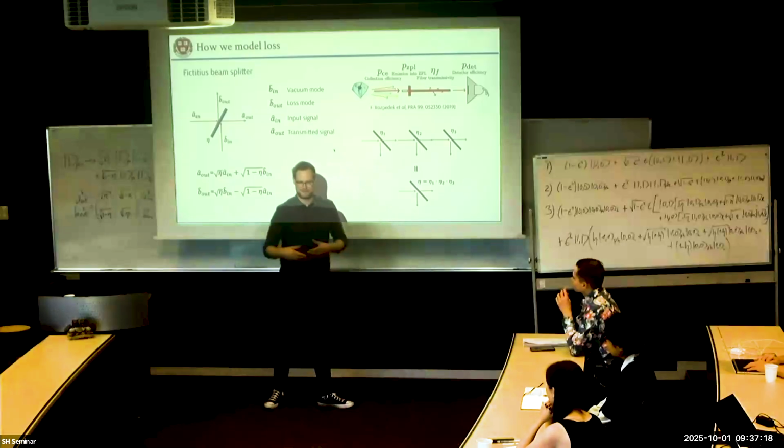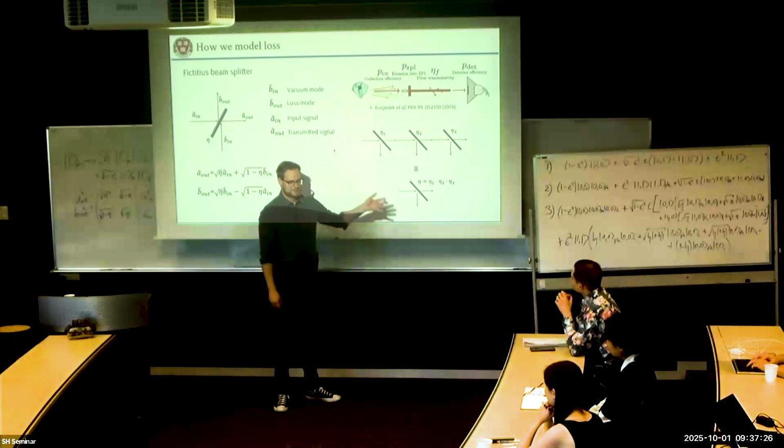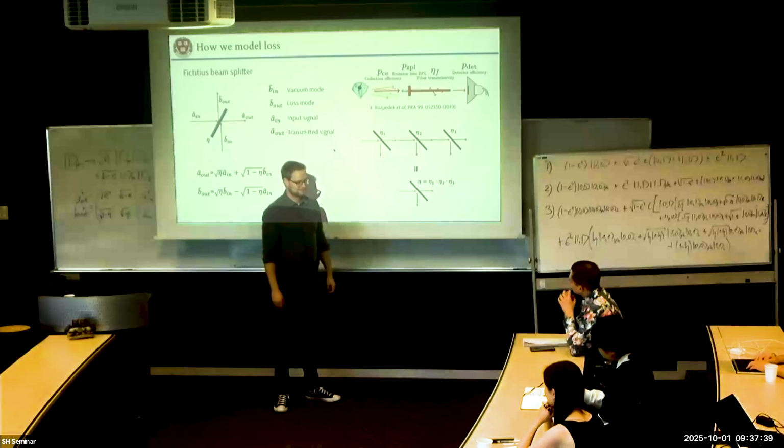Physically, if I absorb something in a material, the material will get the energy, something will happen, it will diffuse, maybe it will heat up, whatever. But for our purpose here, I don't care about that because I'm not interested in what happens to the environment. That's why I'm going to trace over it. I only care about the mode that I detect, and that's very clean. I hope that motivates a bit why it's okay to take this kind of simple approach.